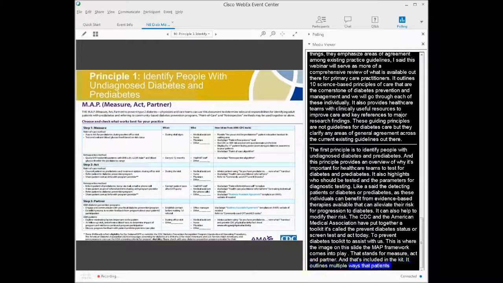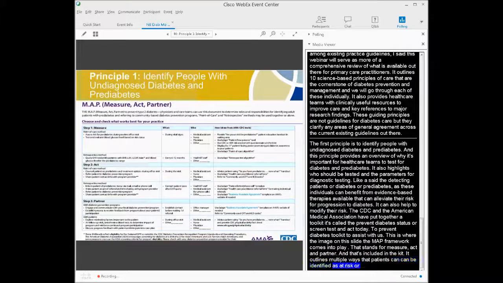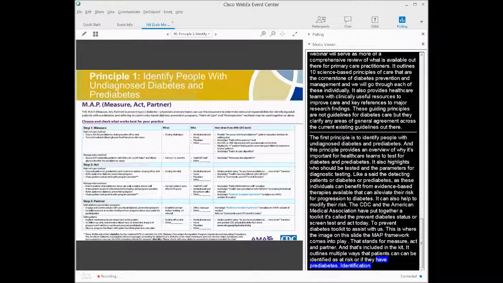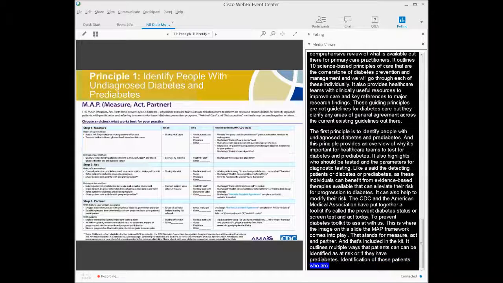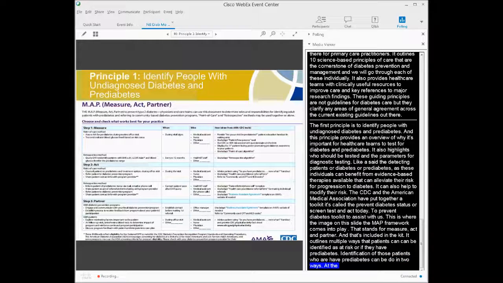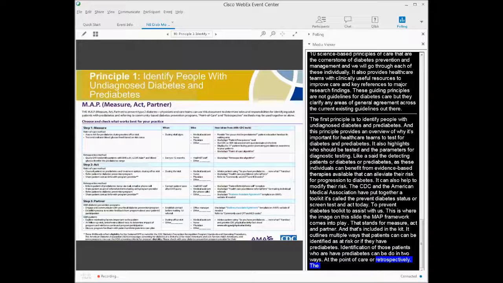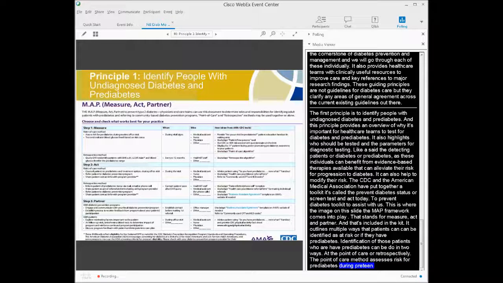So identification of those patients who have prediabetes can be done in two ways. It can be either at the point of care or retrospectively. So the point of care method assesses risk for prediabetes during a routine office visit. So a provider would test and evaluate a patient's blood glucose level based on their risk status.